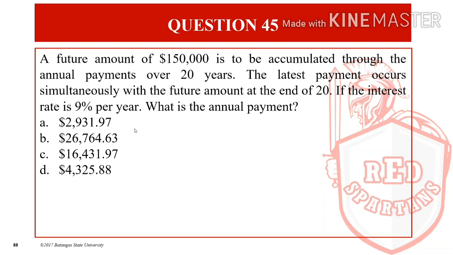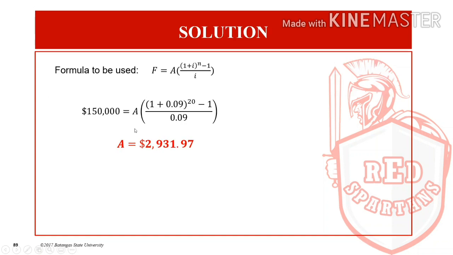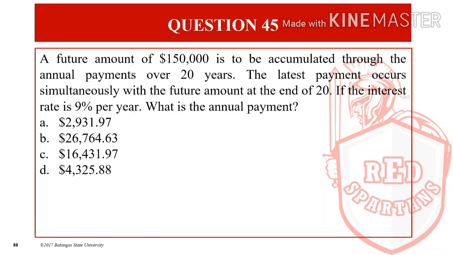So our formula for an ordinary annuity, future worth or accumulated value, is equal to A multiplied by 1 plus I raised to N, where the exponent N is positive this time, minus 1 over I. So we substitute: we have an accumulated value of $150,000 is equal to A times 1 plus 0.09 raised to positive 20 minus 1 over 0.09. Then our annual payment comes out as $2,931.97. So our answer is letter A for question number 45.